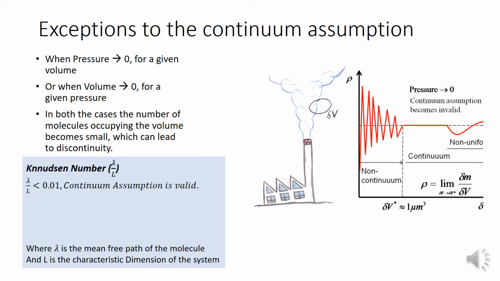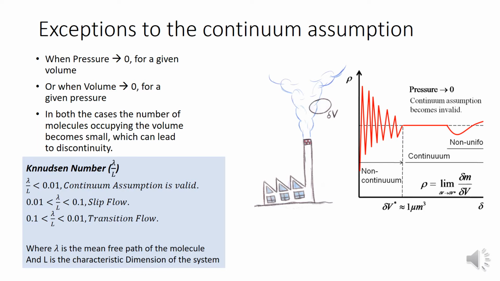So if lambda by L, that is, the Knudsen number, is lesser than 0.01, then we can take the continuum assumption. If the value is between 0.01 and 0.1, then we assume slip flow.